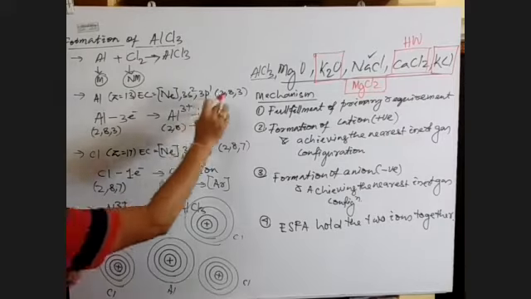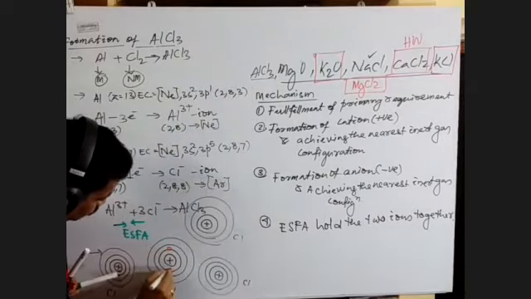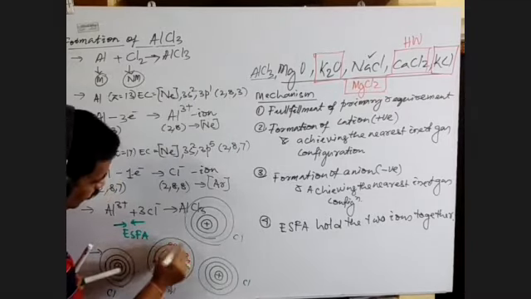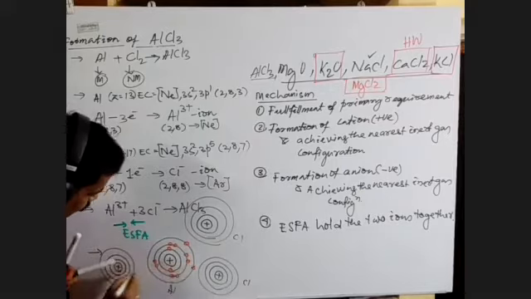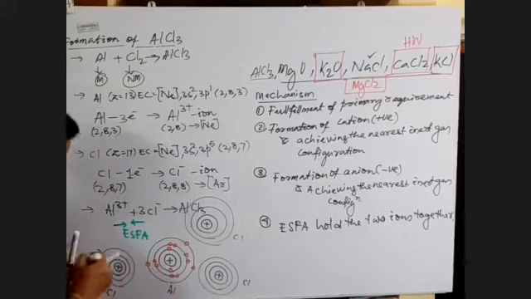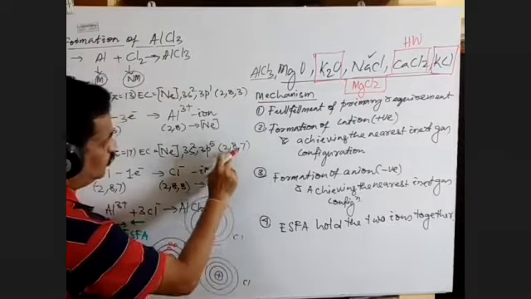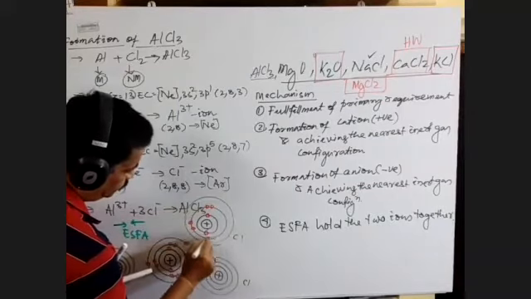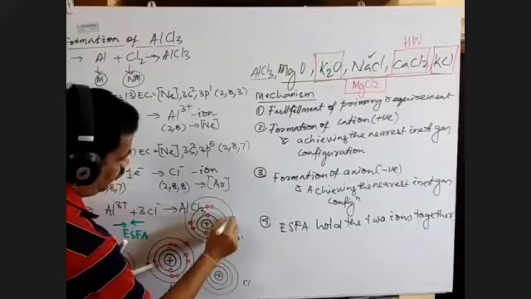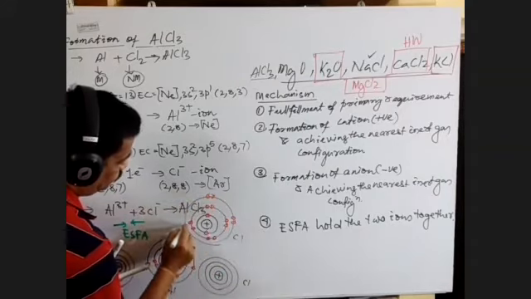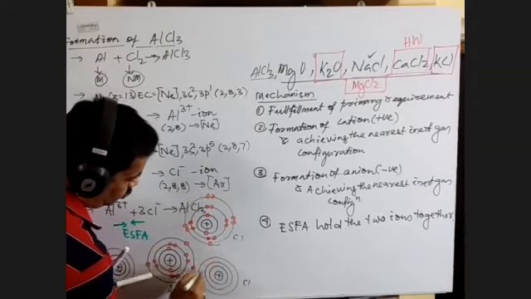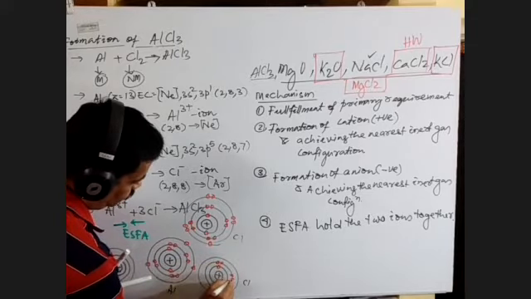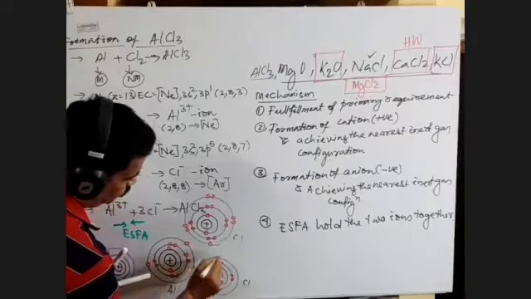So aluminum is 2, 8, 3. So 2, 8, and 3: 1, 2, and 3, because I am going to donate them. Now chlorine has how much? 2, 8, 7. So 2, 8, and 7. Same 2, 8, and 7.